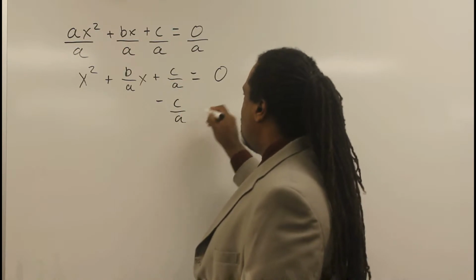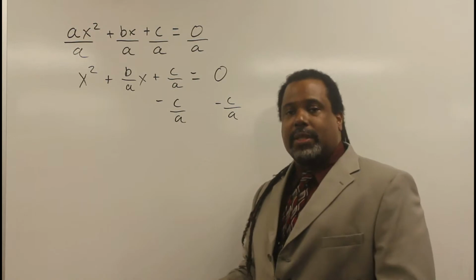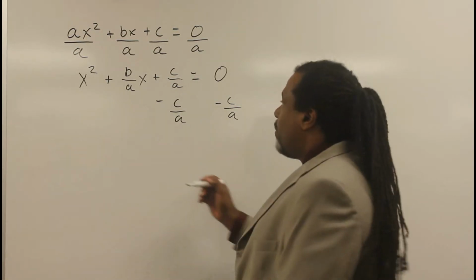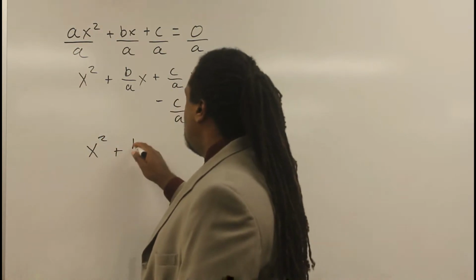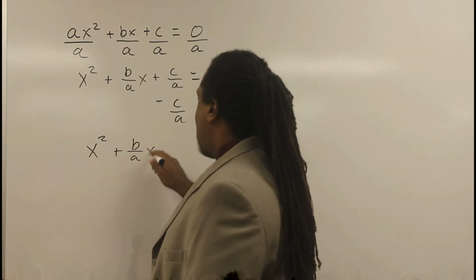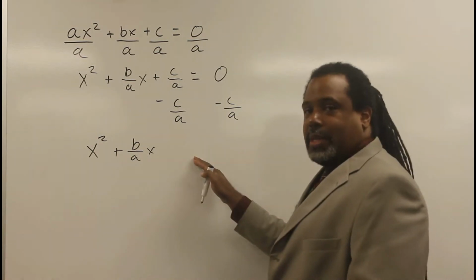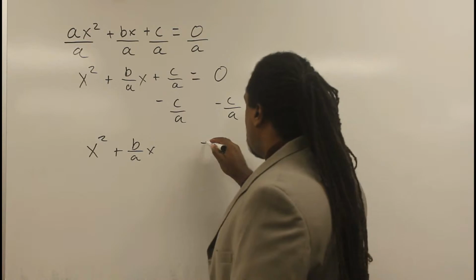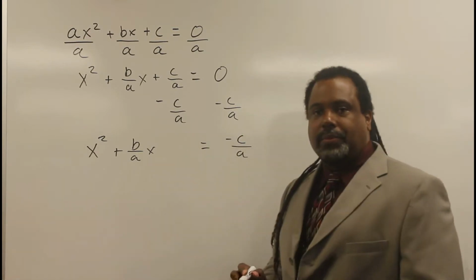Because as you know, whatever we do to one side of the equation, we have to do to the other side. So I'm going to rewrite again. X squared plus b over ax. I'm going to leave a space because I have to create a new c term. Equals negative c over a.